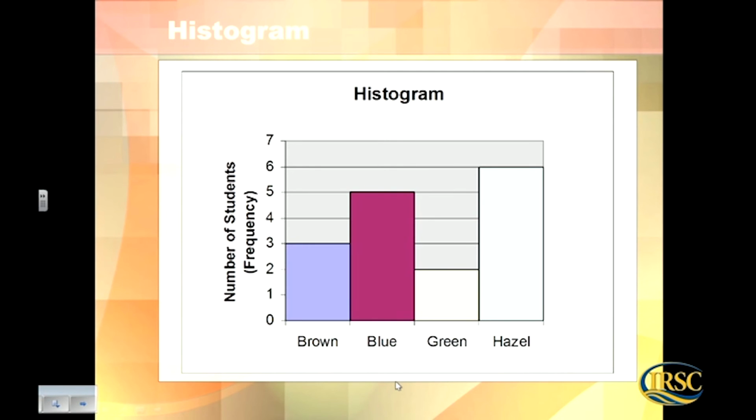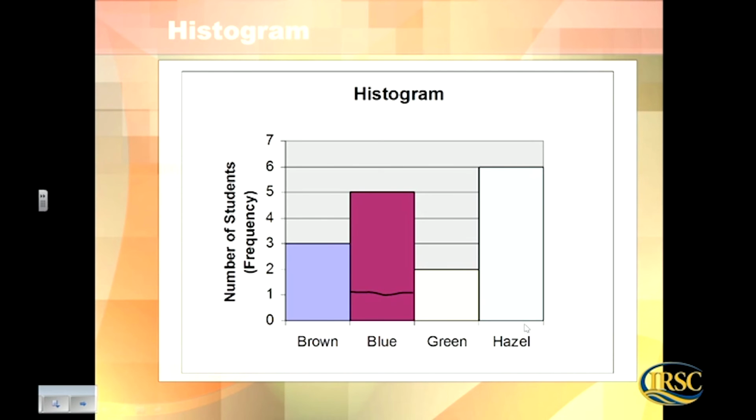So we could make a histogram of the information we collected, but which of these columns would we not need? Hazel. Nobody in our class said that they had hazel eyes, at least in the sample. So we would eliminate this column. There were 2 green. Instead of having 5 blue, there should have only been 1 blue.